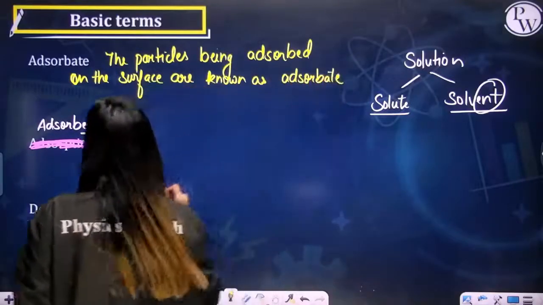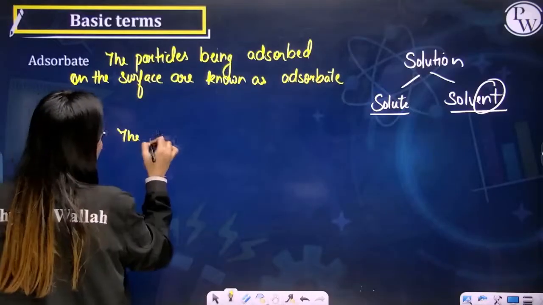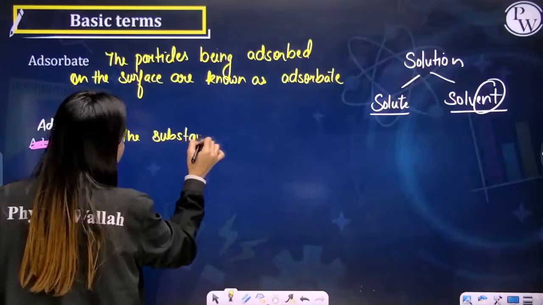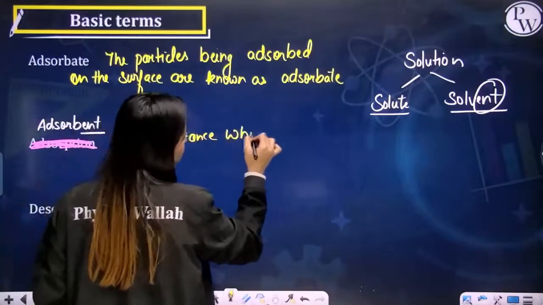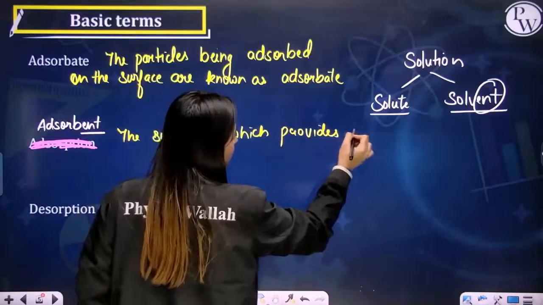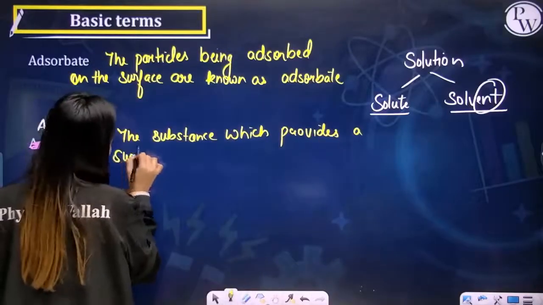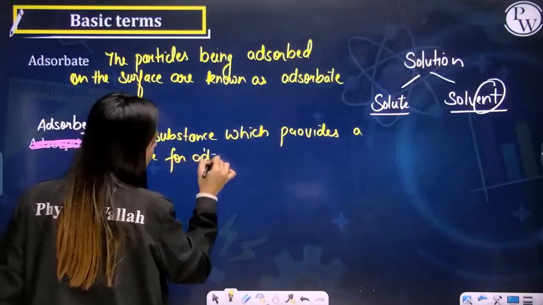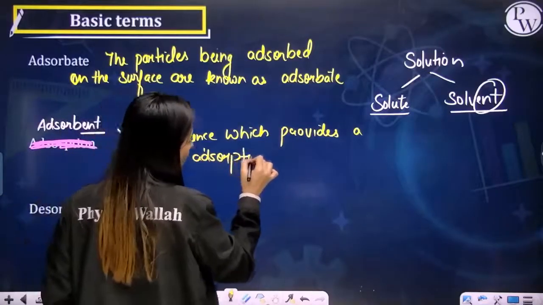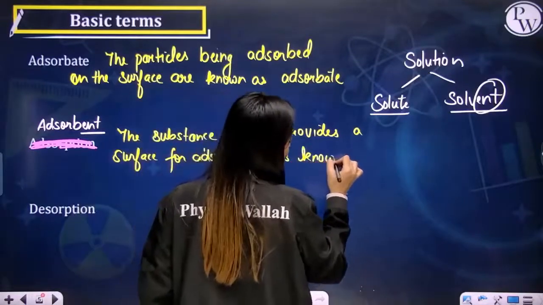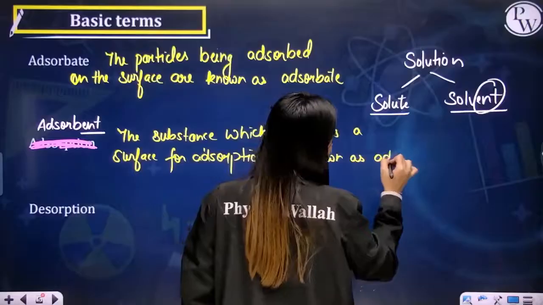And the substance which provides a surface for adsorption is known as adsorbent.